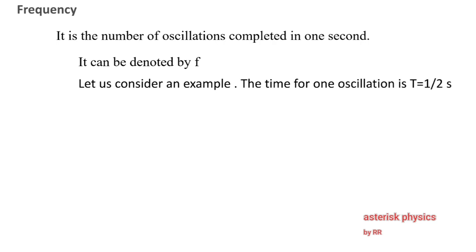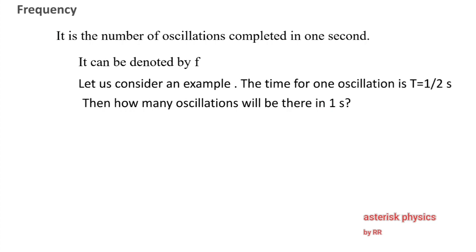So, how many oscillations will there be in 1 second? T equal to half a second means it is the time for one oscillation. Now the question is, how many oscillations will there be in 1 second? I know that most of you have the answer. Now let us see whether that answer is correct or wrong.